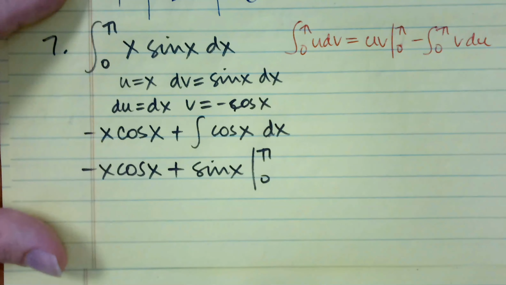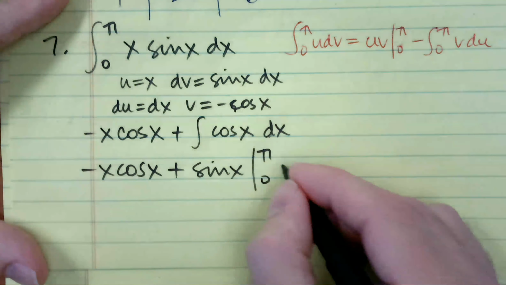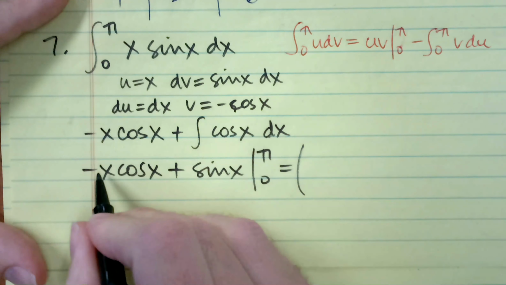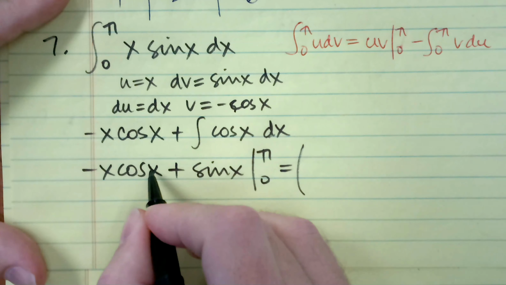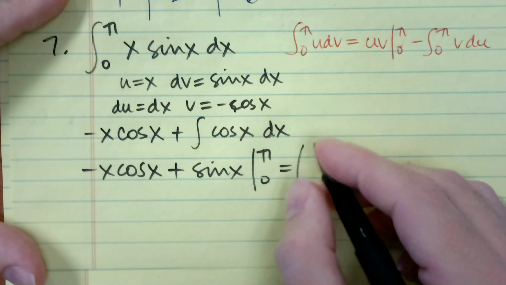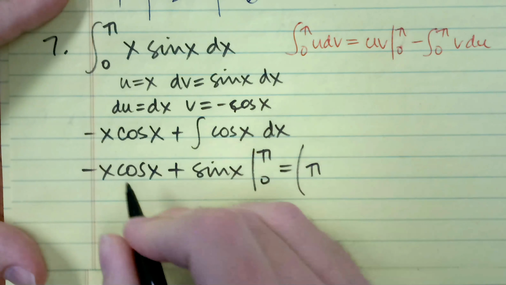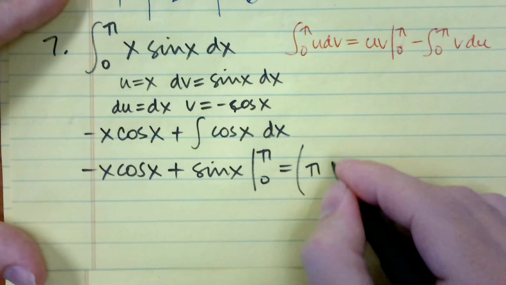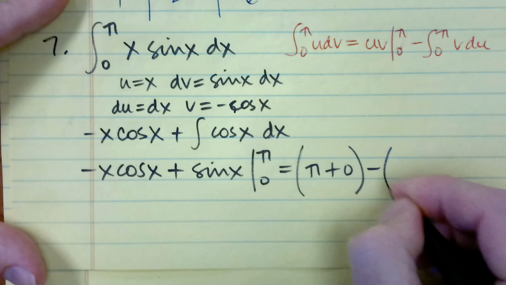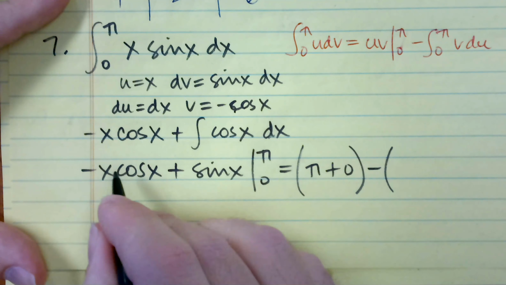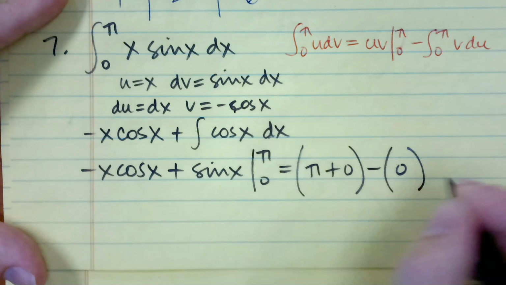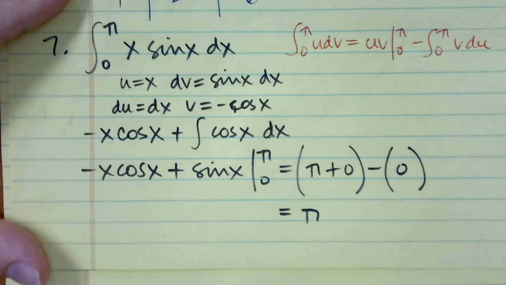Yeah, kind of like this. Okay, and that's going to be negative pi times cosine of pi would be negative 1, so it's negative pi times negative 1 is positive pi. Plus the sine of pi is 0. And when I plug in 0, I'd get 0 plus 0. And so that's just going to equal pi.